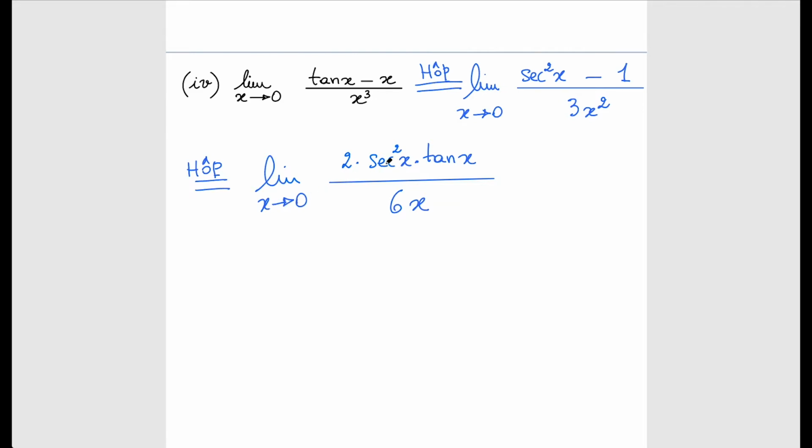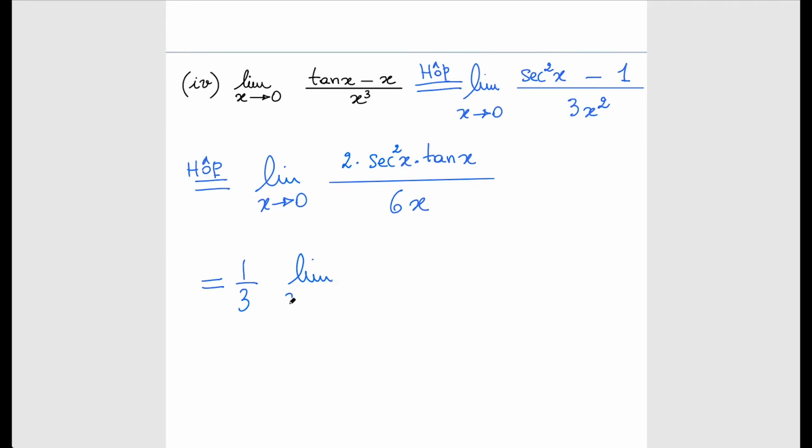As x goes to 0, secant of x goes to 1, as we just discussed, and I can split the limit. The limit of the product is the product of the limits as long as each individual limit is meaningful, right? As long as each one exists. So that's what I'm going to do. 2 over 6 is 1/3.